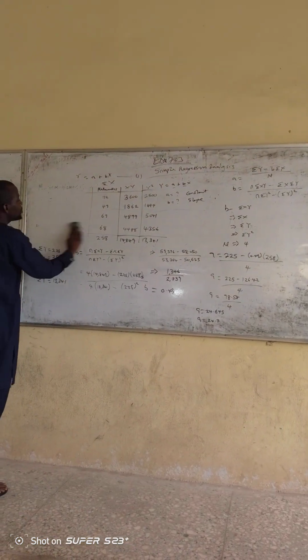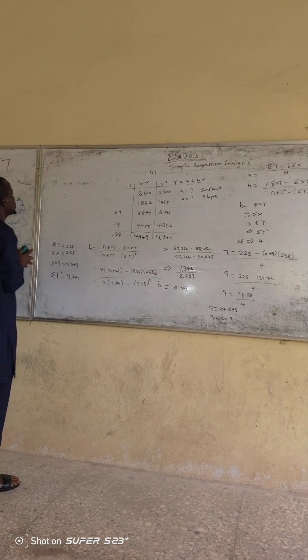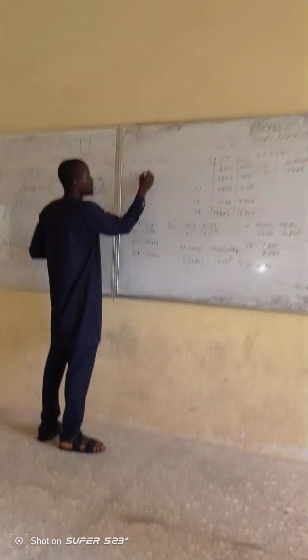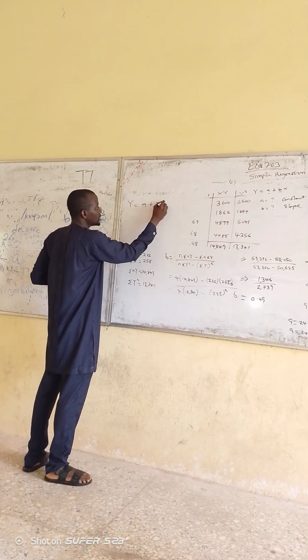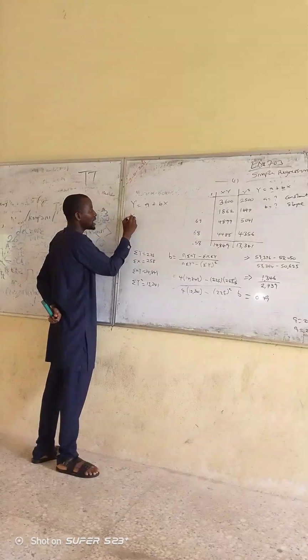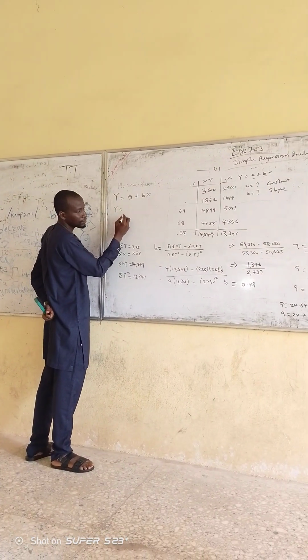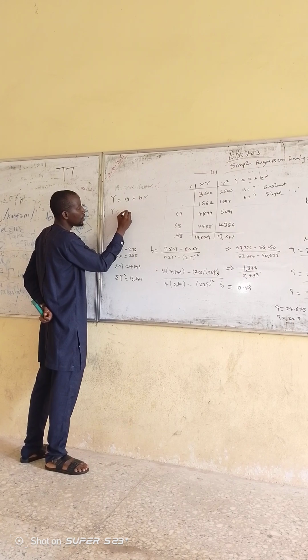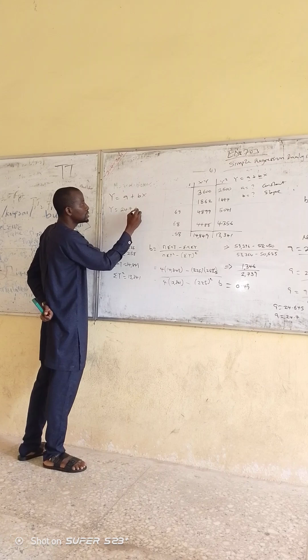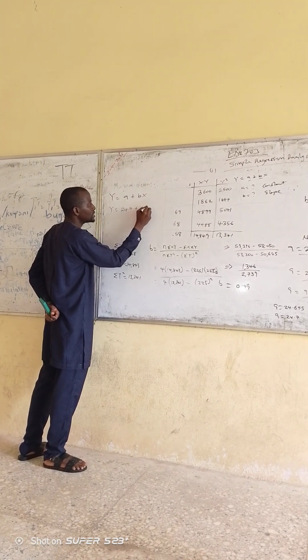So if A equals 24.7, moving forward, our model now will be y equals A plus Bx. Then our y will be equal to what, our A? 24.7. What our B? 0.49x.